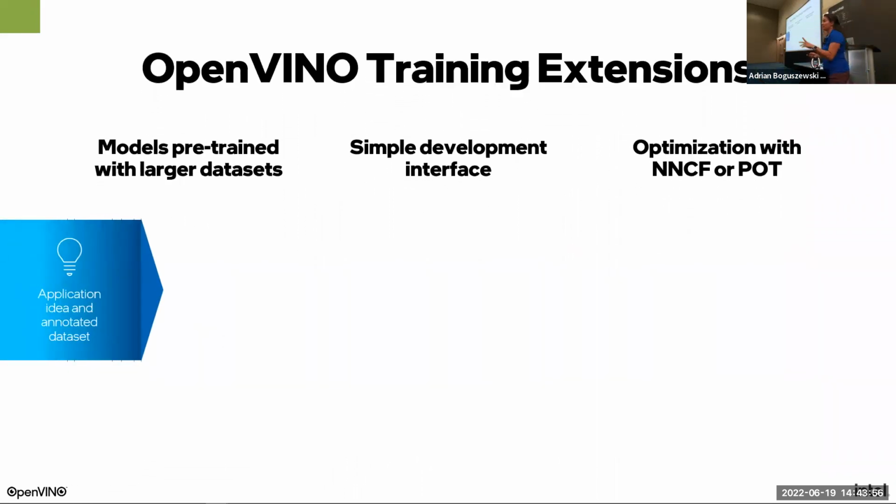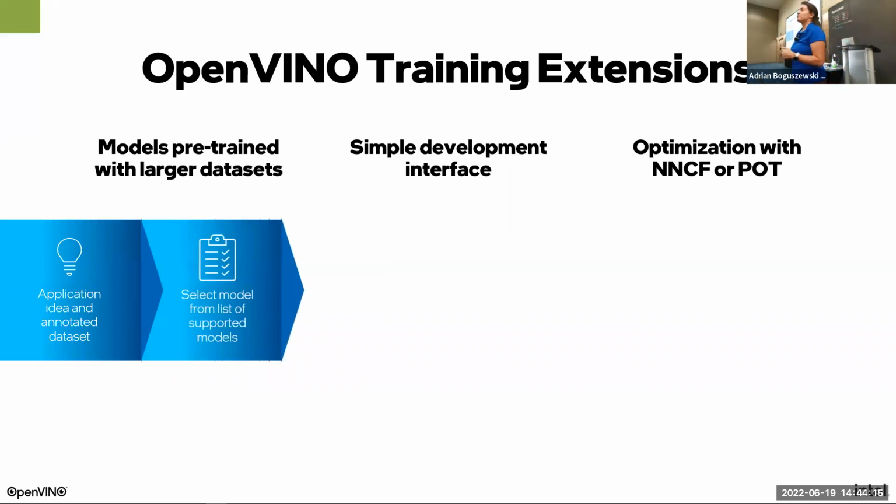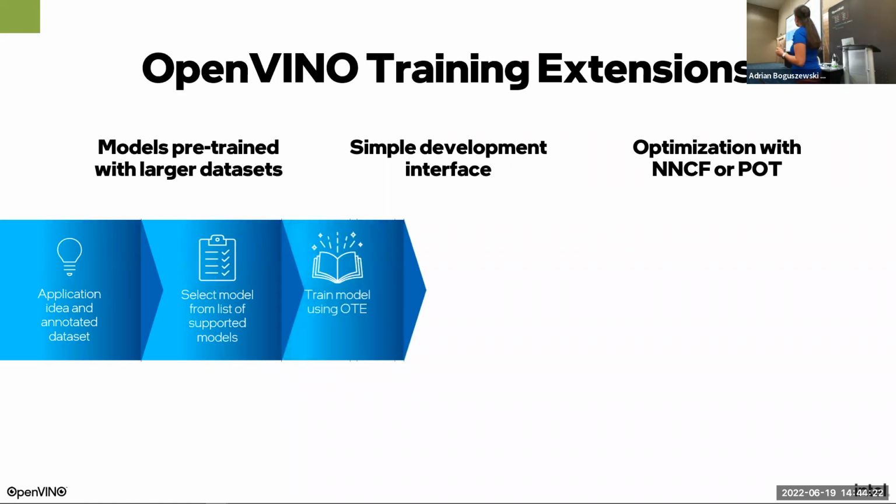If you have an idea, a new project, and a data set, you need to have the data set annotated. You are able to use CVAT to create annotations, which is also an OpenVINO annotation tool. With the annotated data, you can select the model from the templates in the list that OTE has. Then you are able to train your model using OTE.